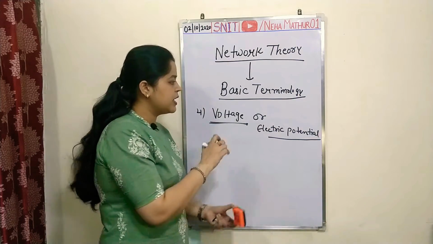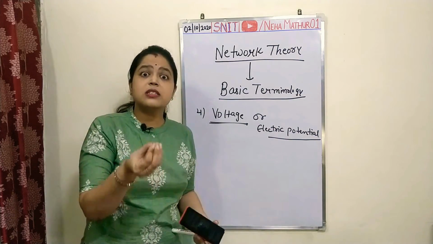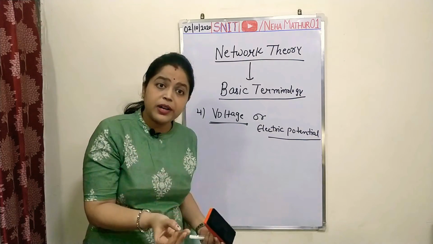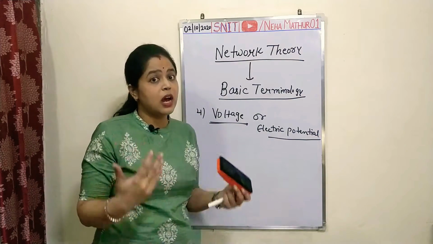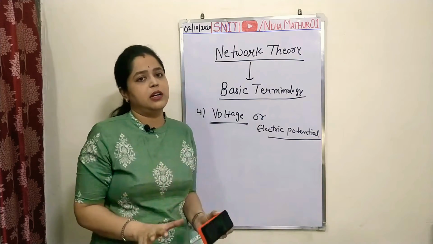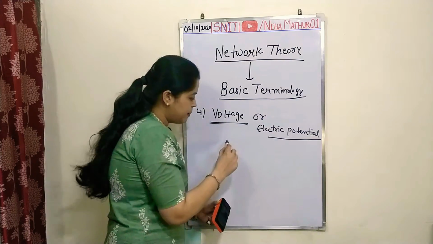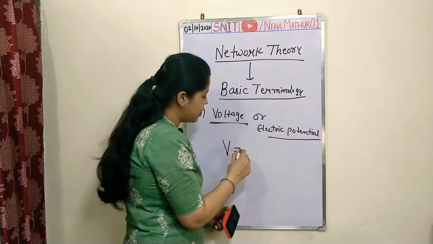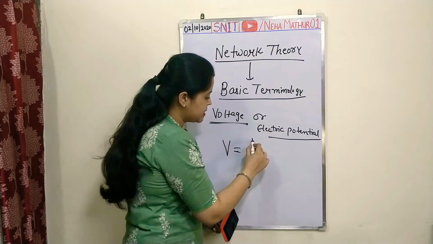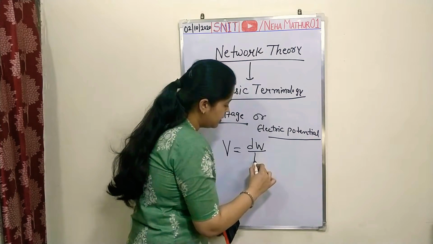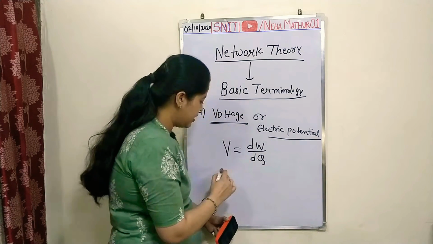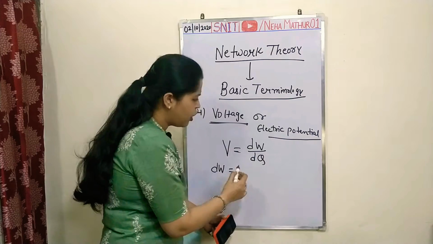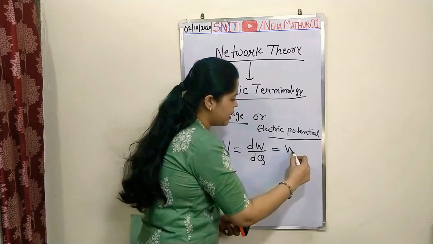So voltage is the energy required for any electron to start its movement in any conductor. It is represented by capital V, and the basic formula for voltage is dW upon dQ, or simply you can write W by Q also.